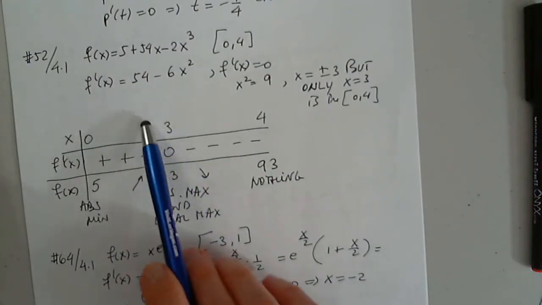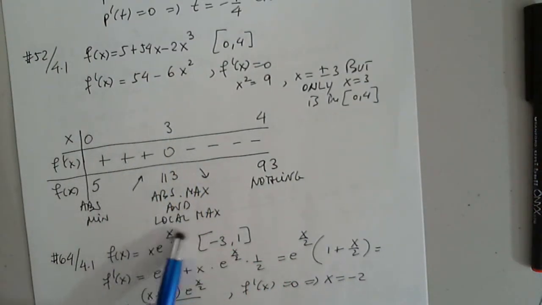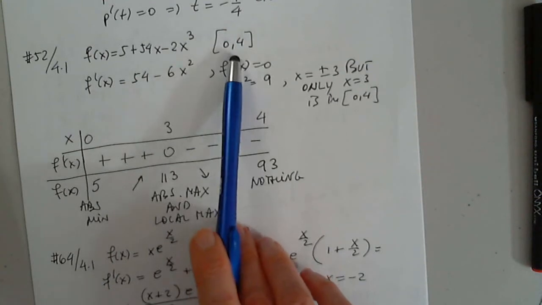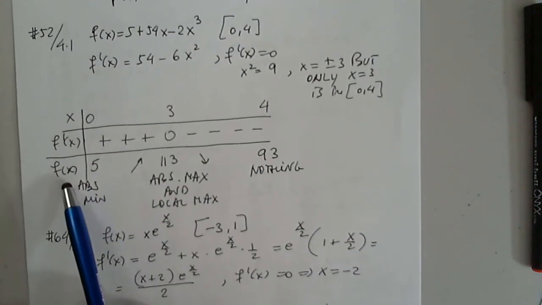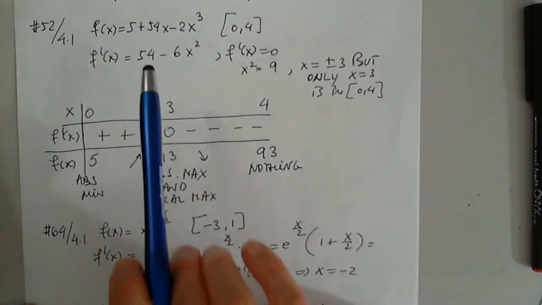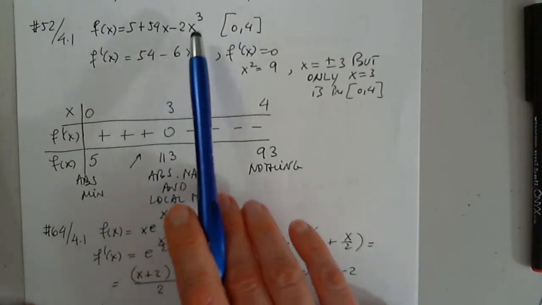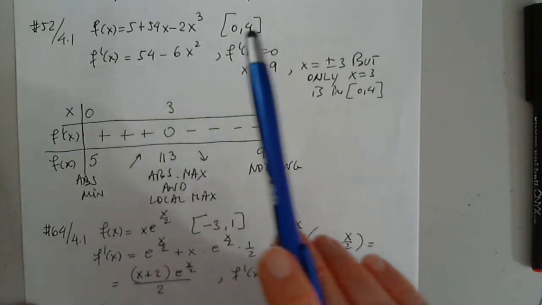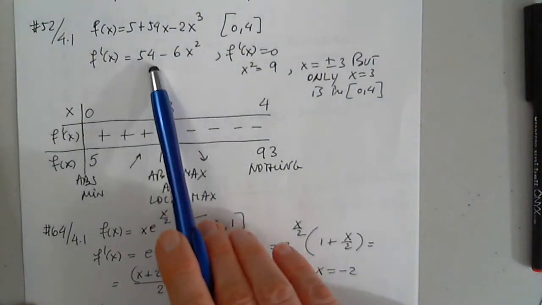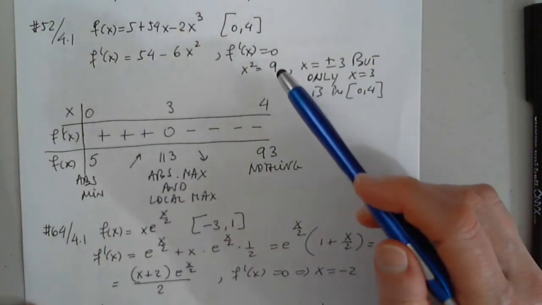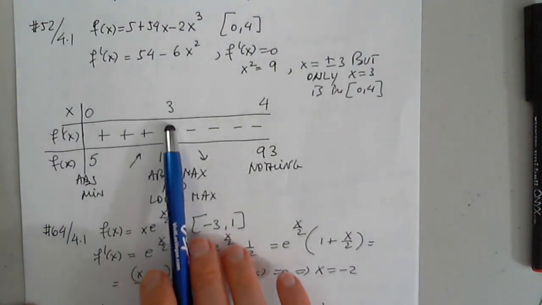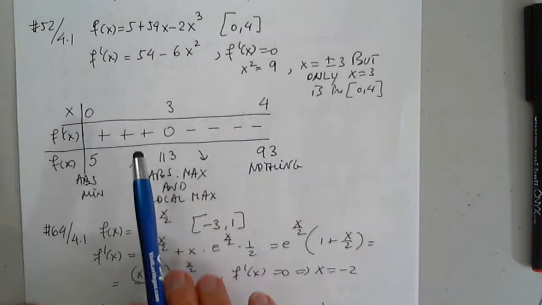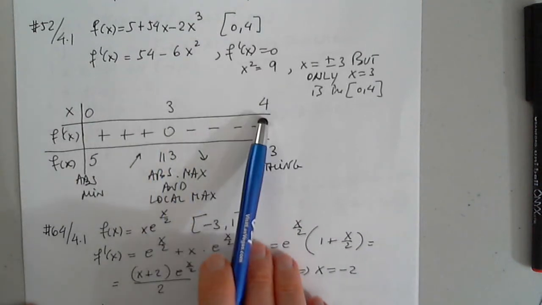Here we're asked to study the function on a closed interval, and the interval was given to us 0 to 4. I start the table with f prime and the function, and I find the derivative as 54 minus 6x squared. Set it equal to 0 because it's always defined, and we get that x squared equals 9, plus or minus 3, but only when you take the square root, only 3 fits in 0 to 4.